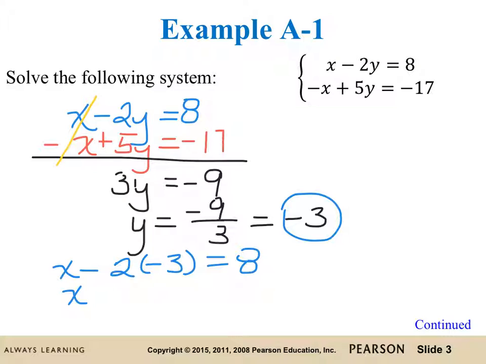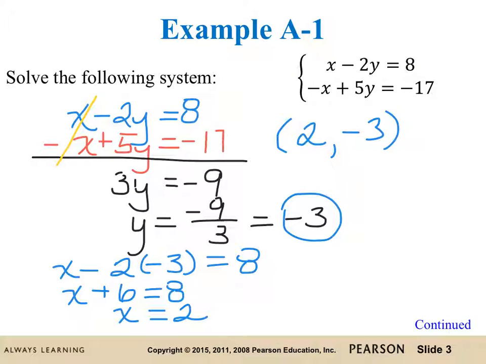Negative 2 times negative 3 is plus 6, so x plus 6 equals 8, which tells us that x is equal to 8 minus 6, which is 2.